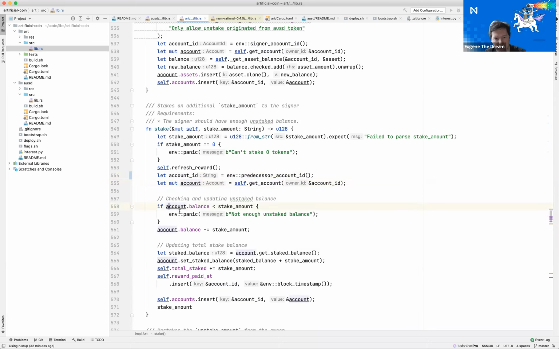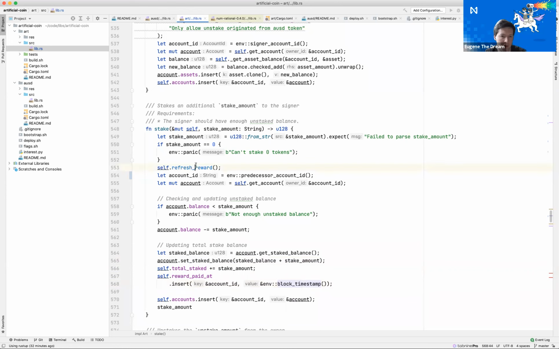And we decrease this amount by the staked amount, and we increase the amount by the new balance, and increase the total staked. And we say that you were paid all rewards at a given timestamp.